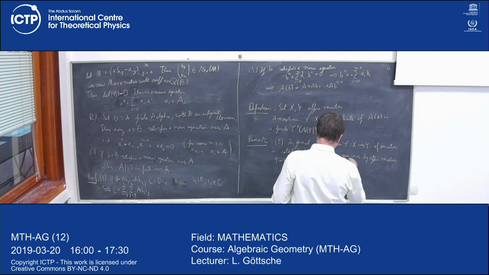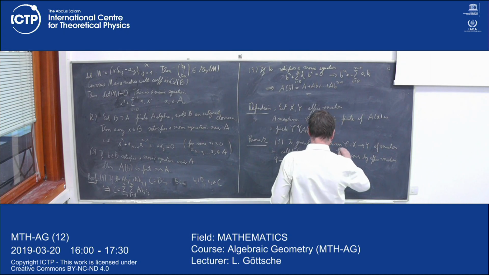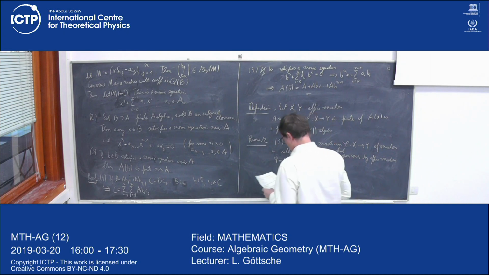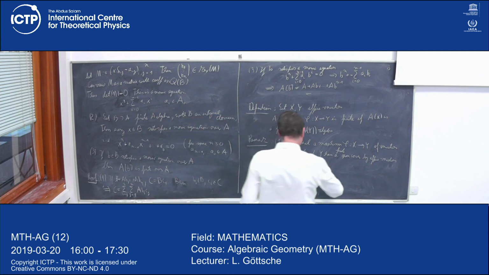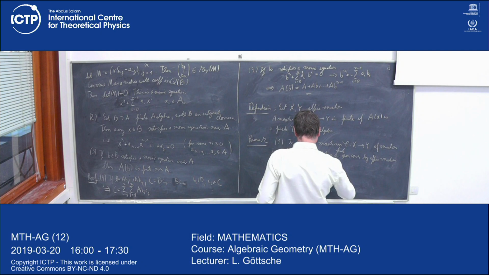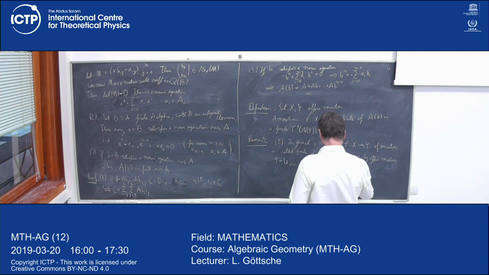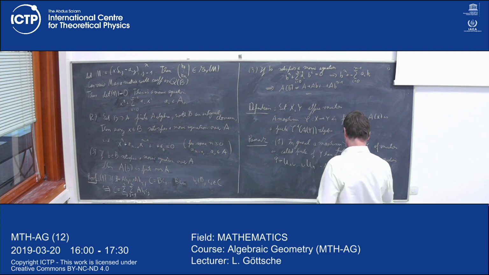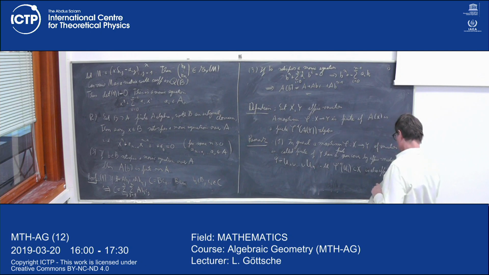Maybe it's always finite, so I just say a finite open cover, such that the inverse image phi to the minus 1 of U_i in X is also affine for all i.